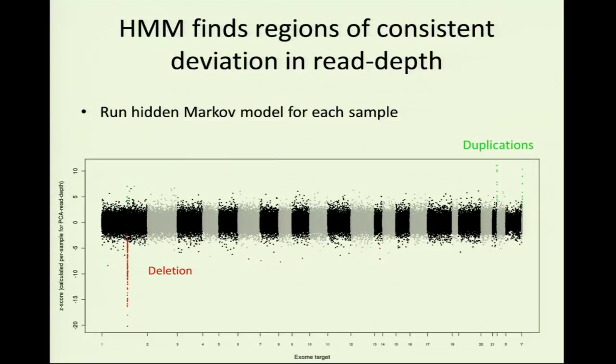In this case, because we're zoomed out, you'll see that there's a deletion in that region, and we've marked it as red. There are also some duplications, maybe on chromosome 22 and the Y chromosome, regions of runs of very high normalized read depth. Those are what we want to call as duplications using the hidden Markov model.